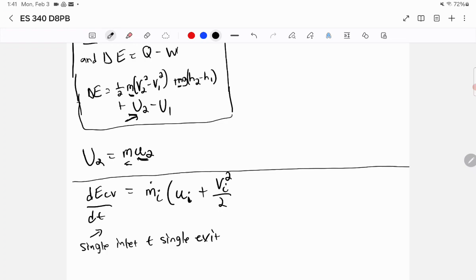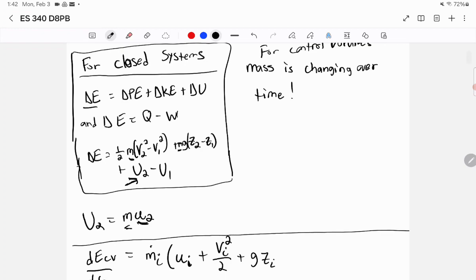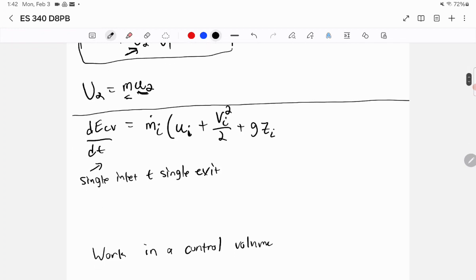Again, we could write it with multiple inlets and multiple exits, and I'm going to do that in a moment. Plus g zi. Oh, sorry, these should have been Z's. I forgot your textbook likes to use Z for height, because h is the specific enthalpy, lowercase h. So I have to be careful with my notation here.